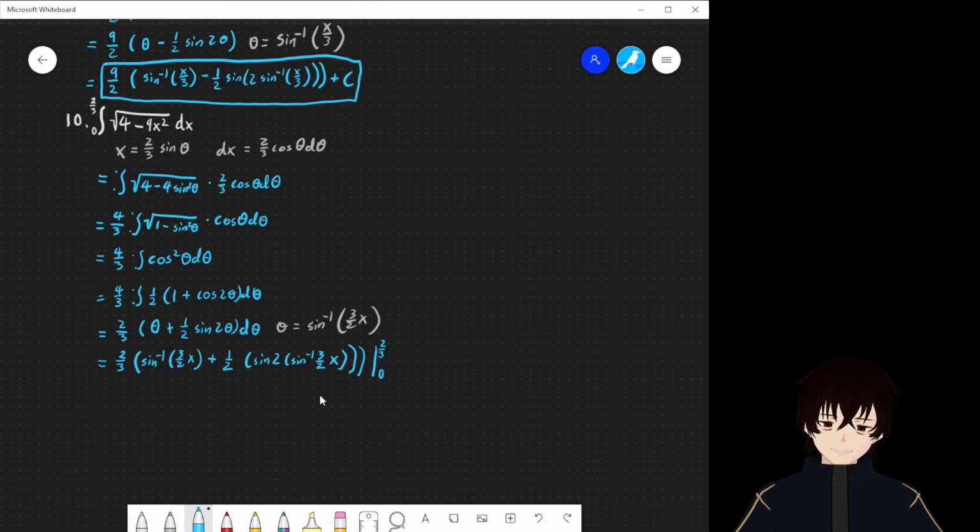So arc sine of 1 would be pi over 4, if I'm not mistaken. We got 2 over 3 times pi over 4 plus 1/2 sine of pi over 2.